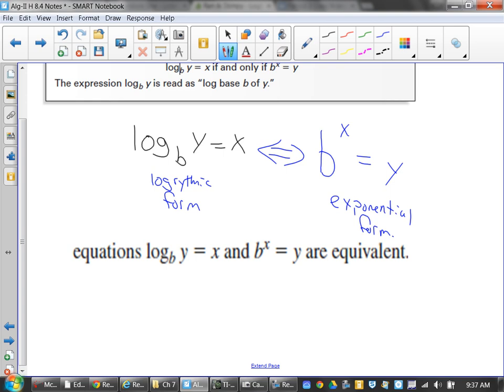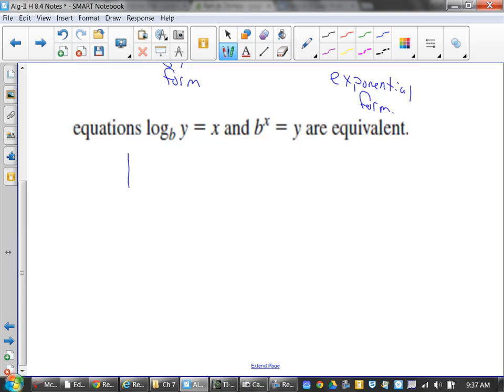That's how these things go back and forth. So if we had log base 3 of y is x, that means 3 to the x is y. That's how these things are going to set up.